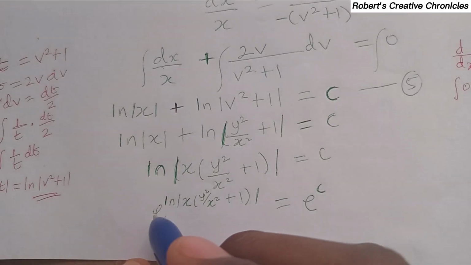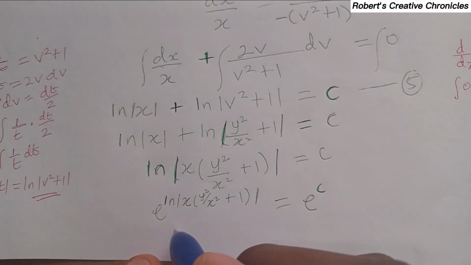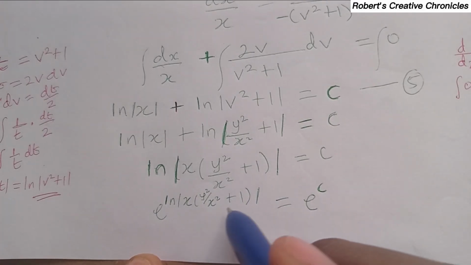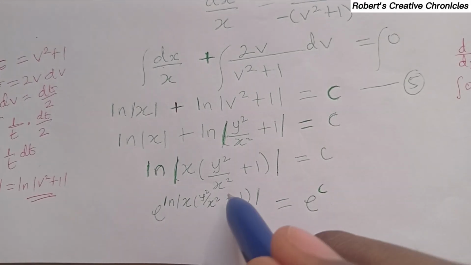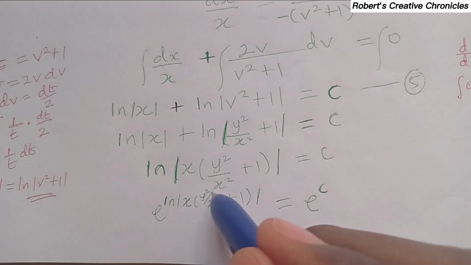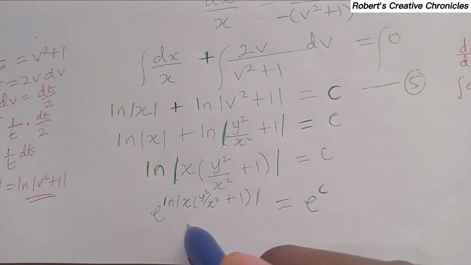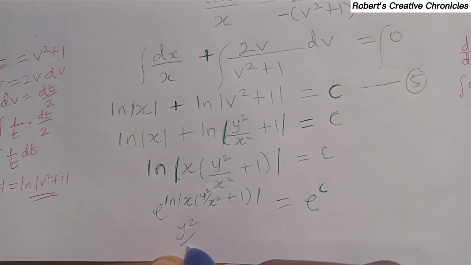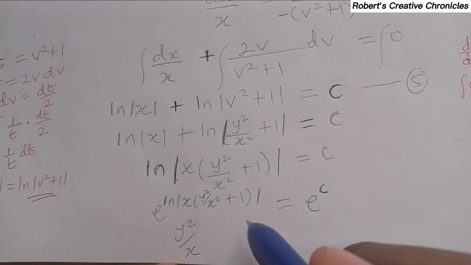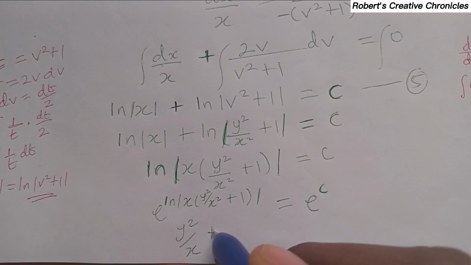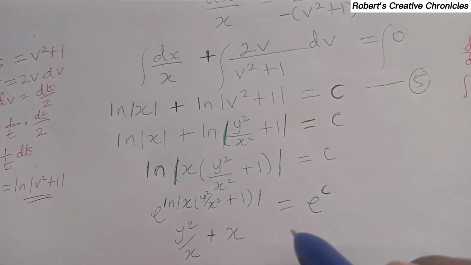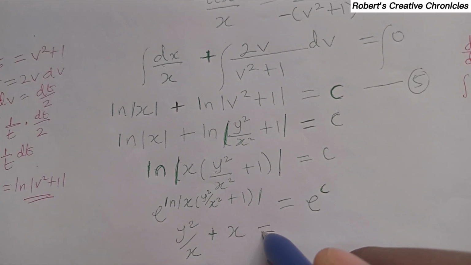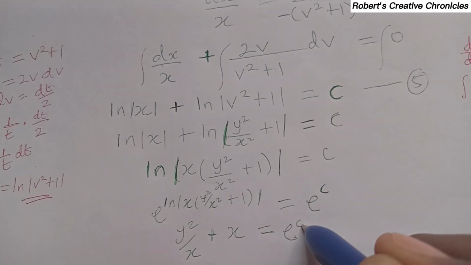So now this exponent and ln will cancel, so it will become this term. Now we can even open the bracket: x times y squared over x squared is y squared over x, so it will become y squared over x plus x times 1 is equal to exponent of c.